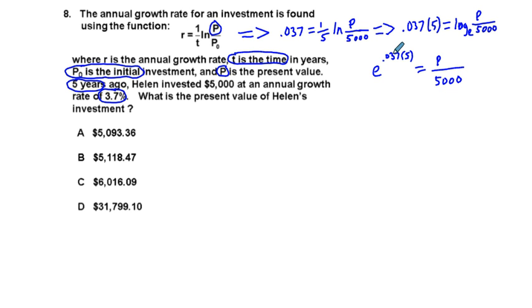And cross multiplying 5,000, P is going to be equal to 5,000 e to the 0.037 times 5.